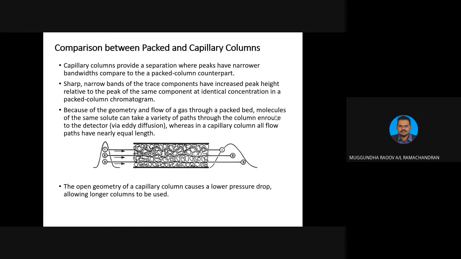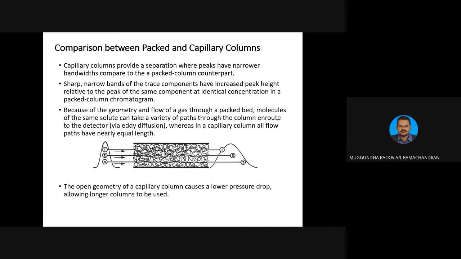Okay, so in the comparison between the packed and capillary column, the capillary column provides a separation where the peaks have a narrow bandwidth compared to the packed column, while the sharp narrow peak of a trace component has increased peak height relative to the peak of a component at identical concentration in packed column chromatography.